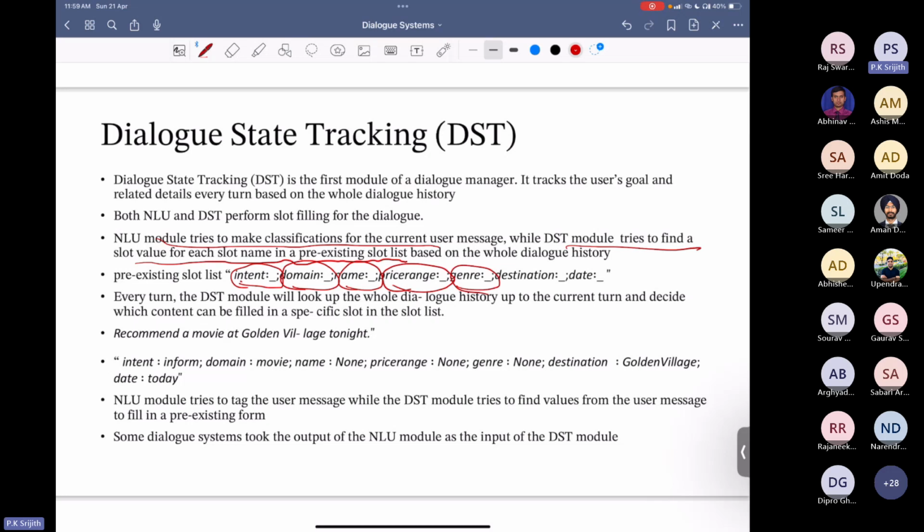Then the destination slot, where he wants to go to book a restaurant or watch a movie, and the date slot, for which date you want to book a movie or table. So all these are predefined, often user-defined slots that the DST is maintaining. At every turn, the NLU provides some information to the DST to fill these slots.